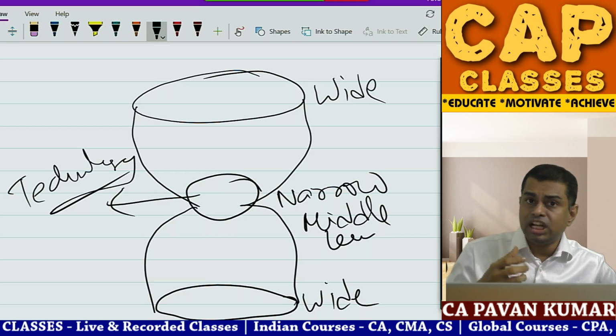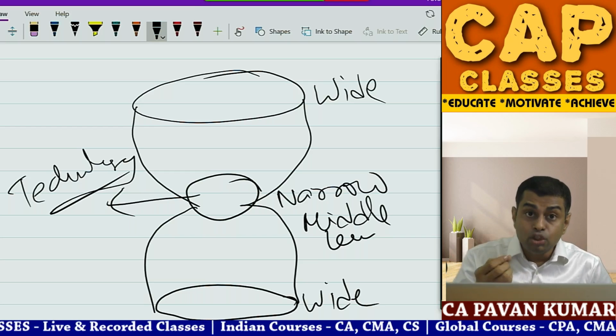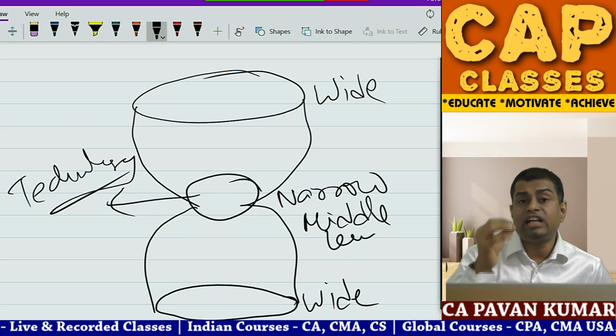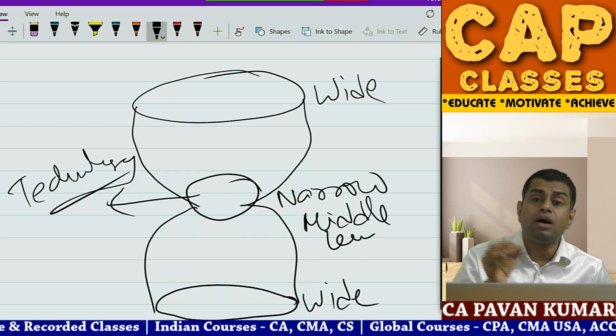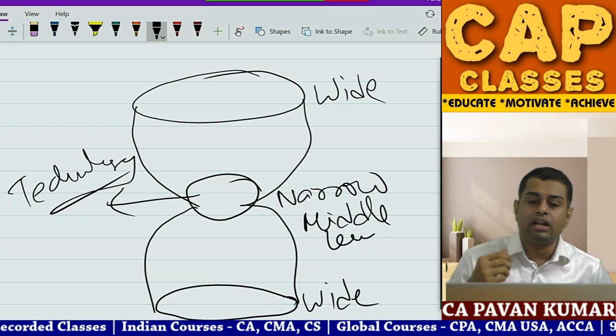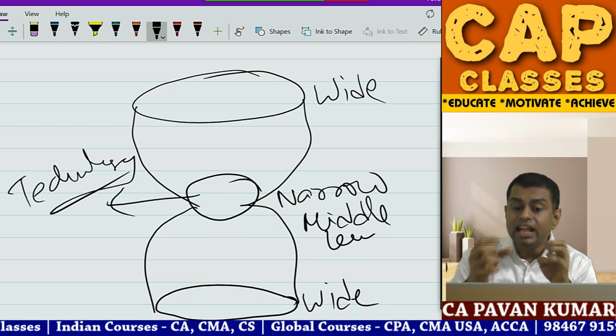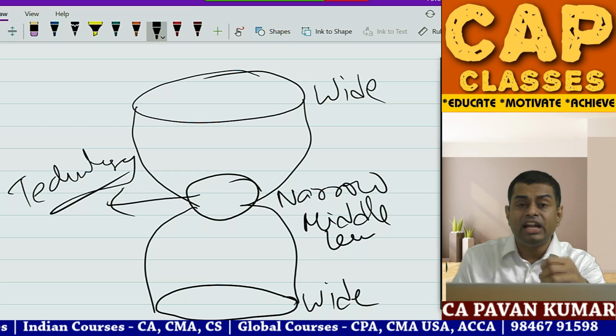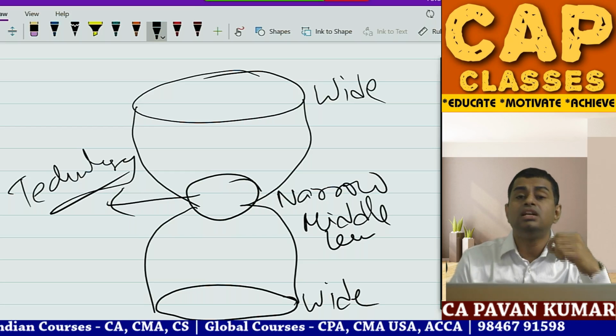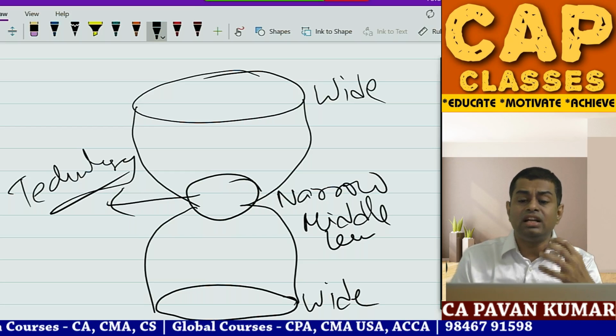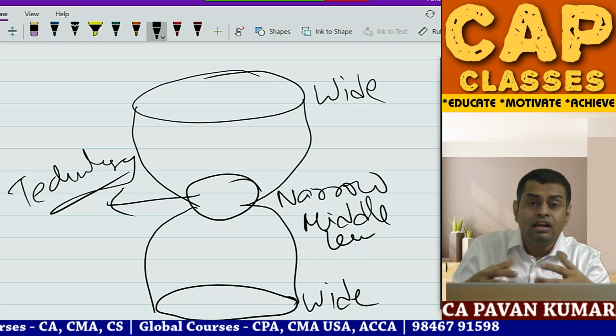What is the advantage of the hourglass model? Work will be smooth, errors will be less, technology will make you work more efficiently and up to date. What is the disadvantage? There is no direct link between the lower level managers and the topmost level managers. Because there is no proper coordination, there is a missing human touch.